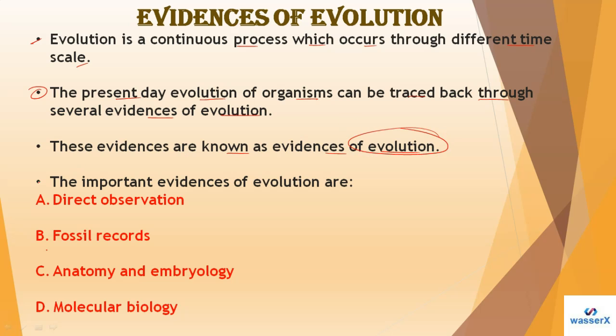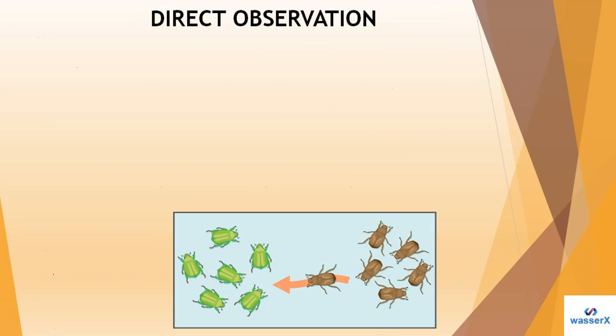The important evidences are: first, direct observation; second, fossil records; third, anatomy and embryology; and fourth, molecular biology. These are the evidences that we are going to study.